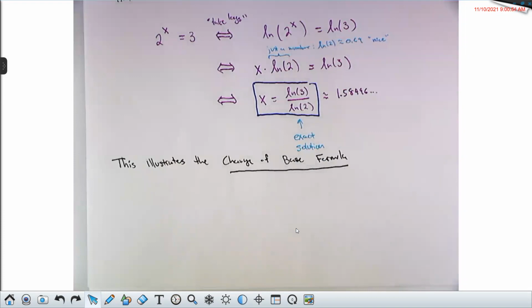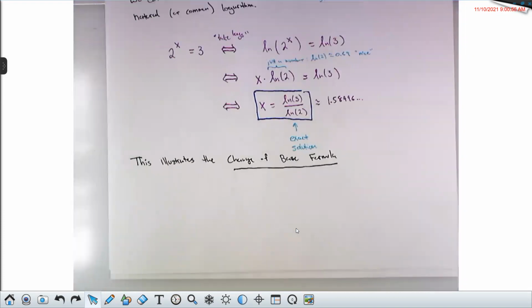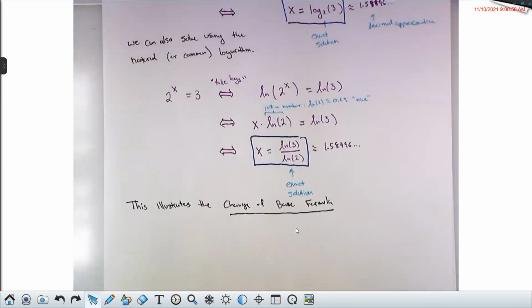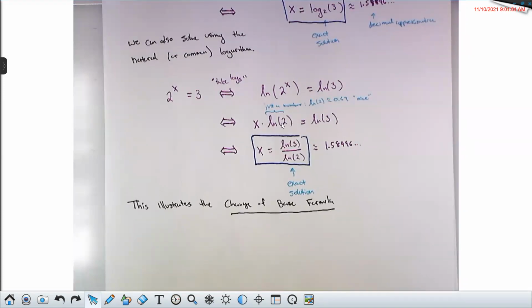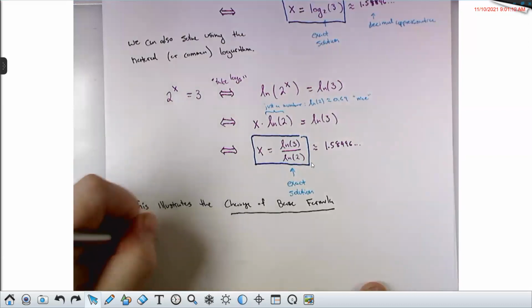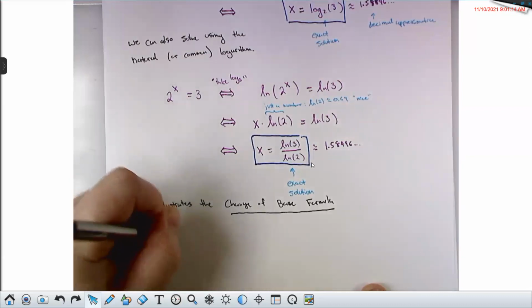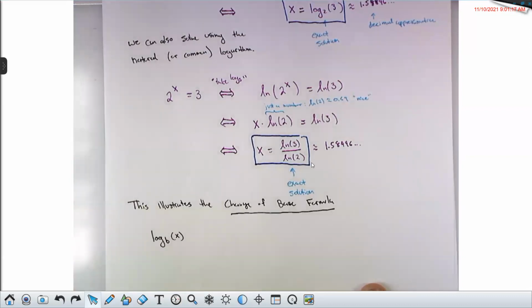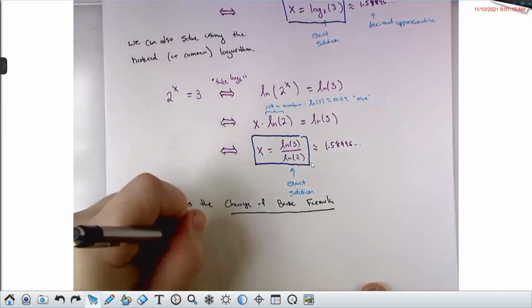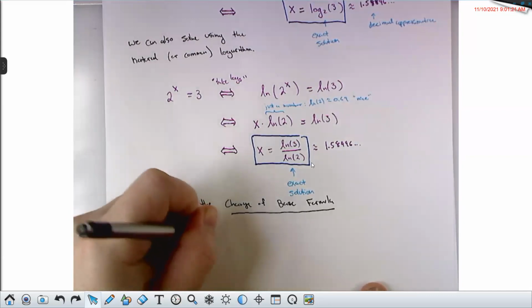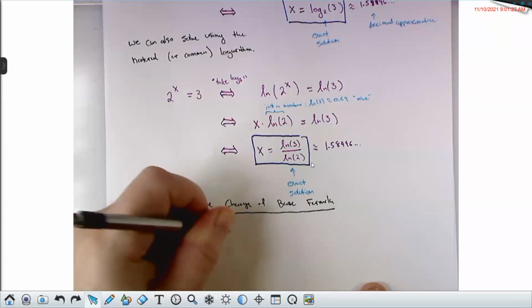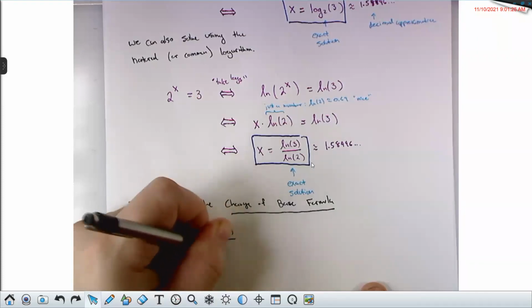What I mean when I say it's more general, what we've done here is we turned a base 2 logarithm into a natural logarithm, right? I had a base 2 log that I was able to rewrite as a natural log, a ratio of natural logs. In general, given a base b logarithm, the base b log of x, if you want to change this into a base c logarithm, the way you do that is by taking the base c log of x and dividing it by the base c log of b.